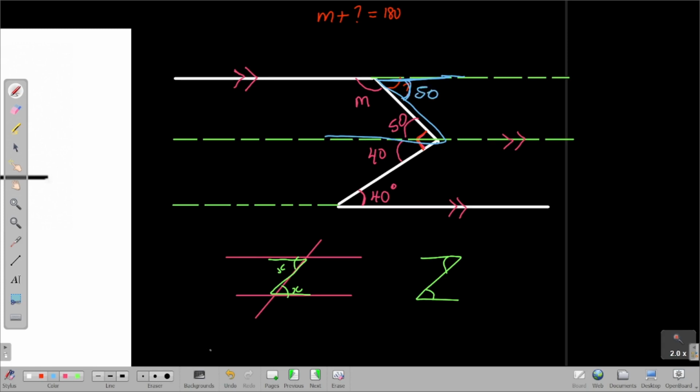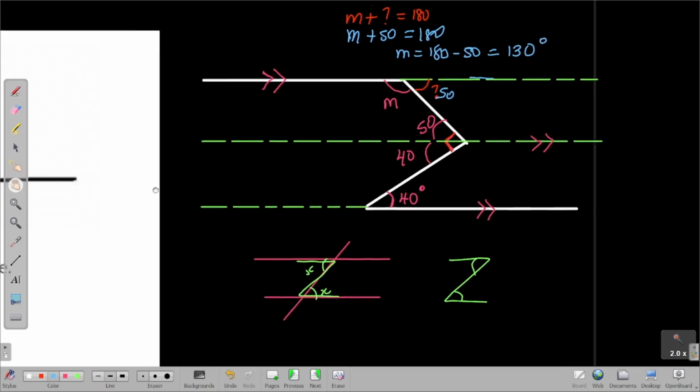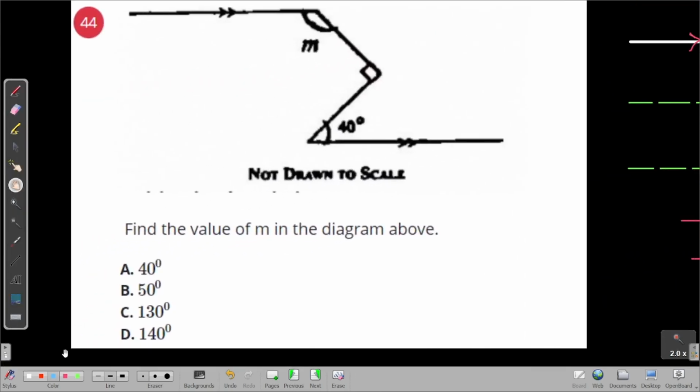So that means that the question mark angle is 50. So m plus 50 is 130. That's option C.